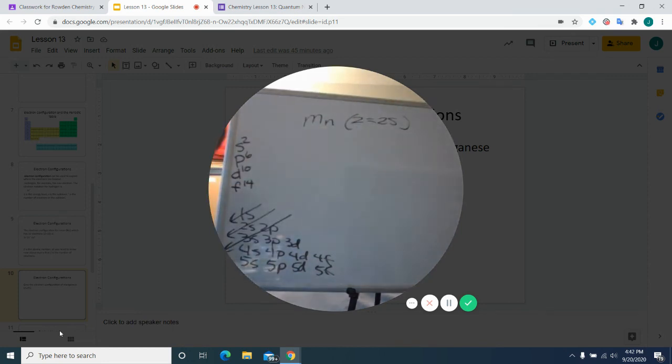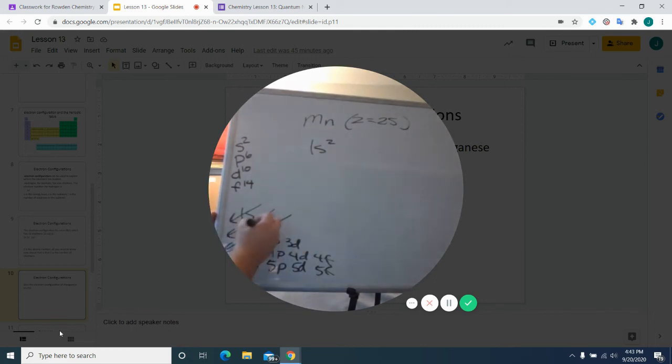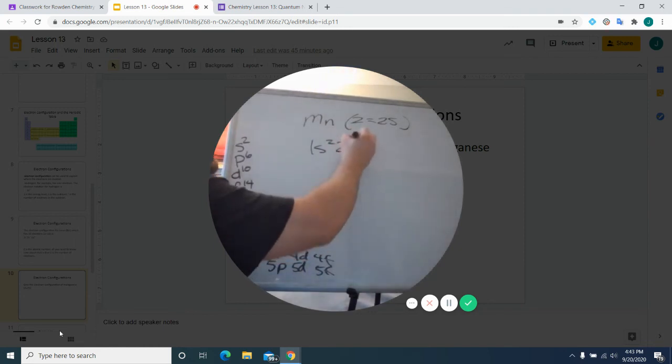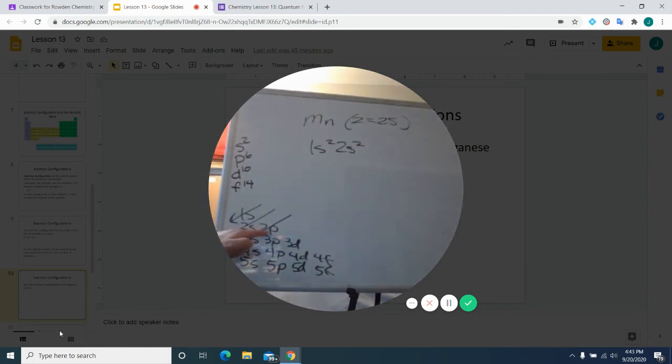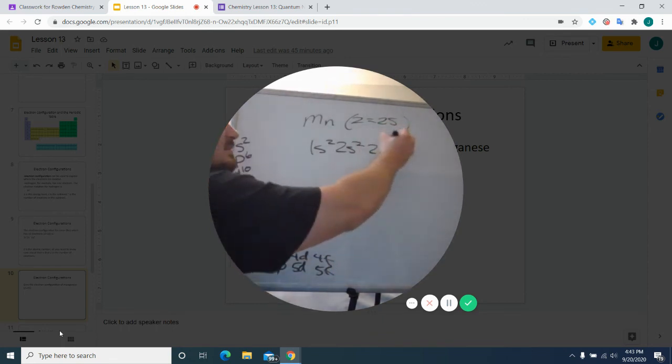Okay, Z equals 25, so let's go through in order. 1s, and it's going to hold 2. 2s, and it's going to hold 2. Let's go 2p, and it's going to hold 6.